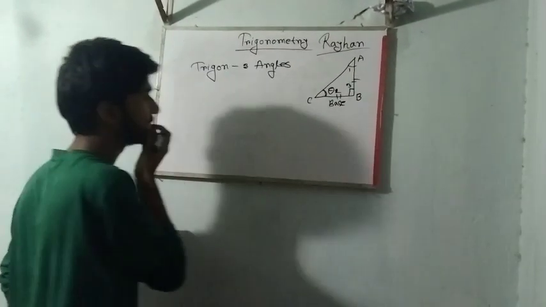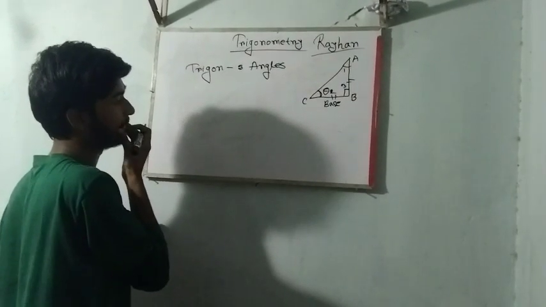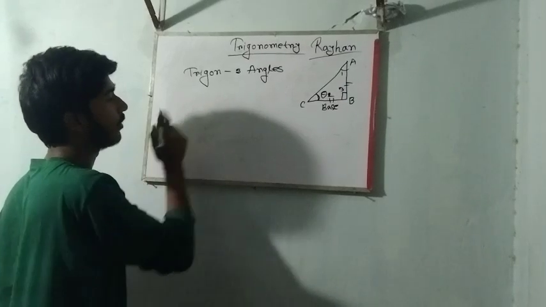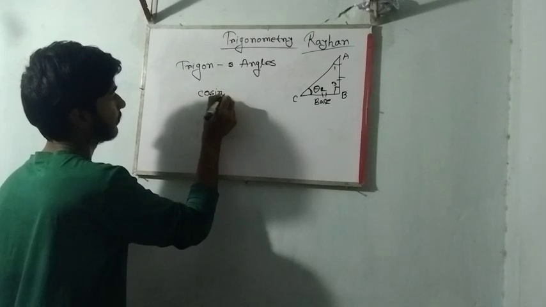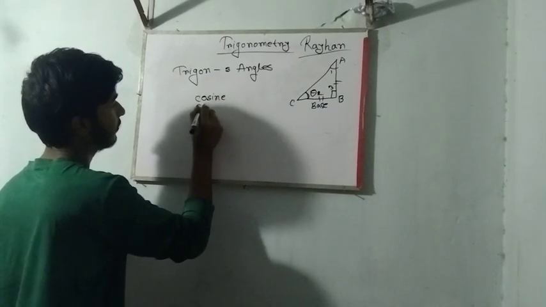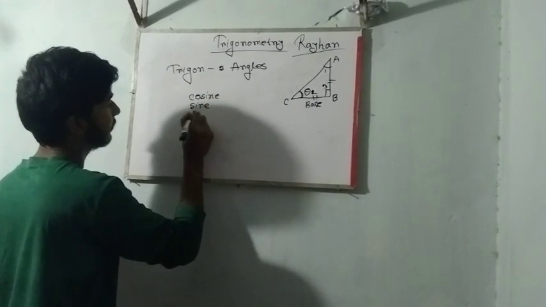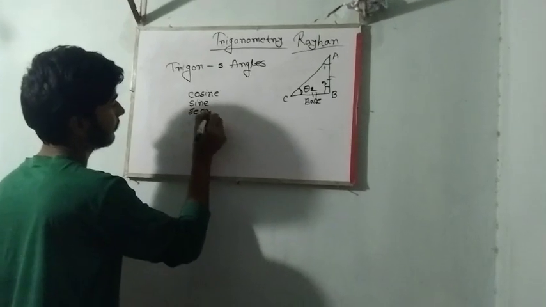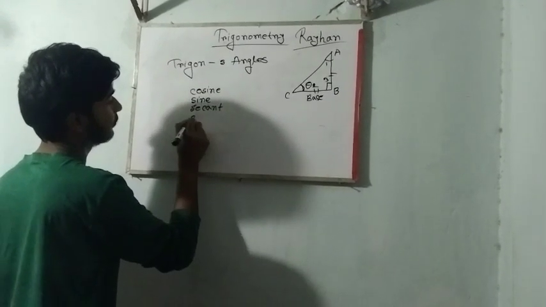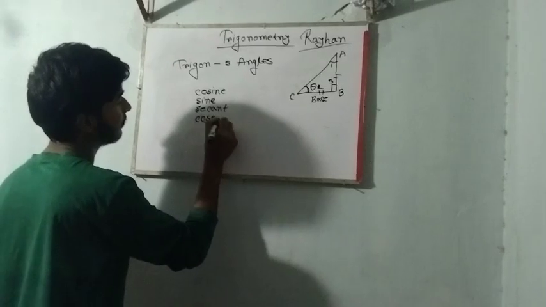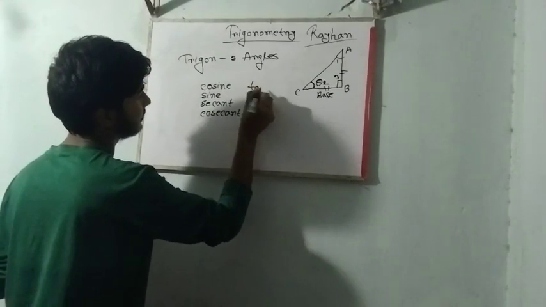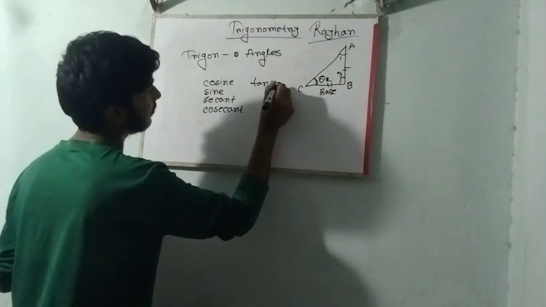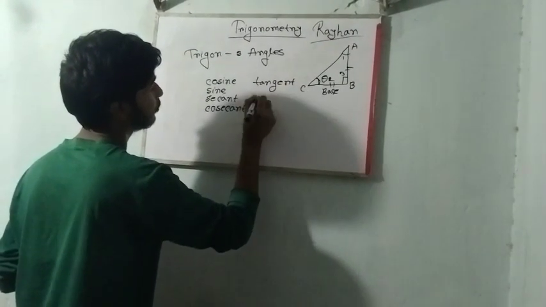And there are 6 ratios of a triangle. This is called cosine, sine, secant, cosecant, tangent and cotangent.